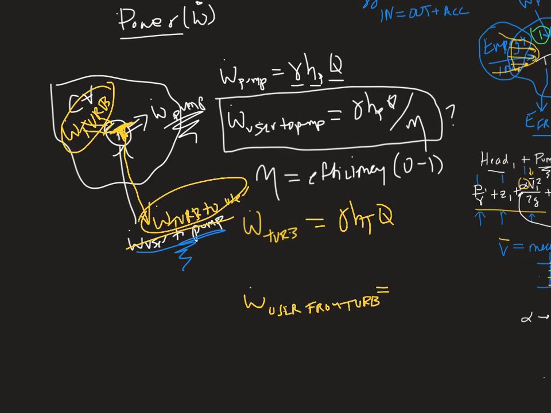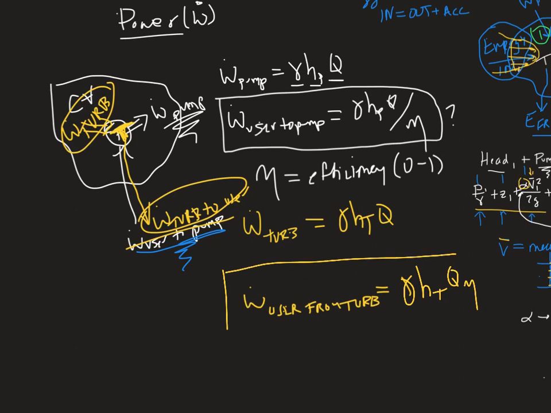So if we pull out 100 kilowatts from the fluid, so if the fluid loses 100, we're not going to get all of it. Gamma HT Q. And then again, if it's 85% efficient or something like that, well, then we're only going to get 85% of that out. Okay.